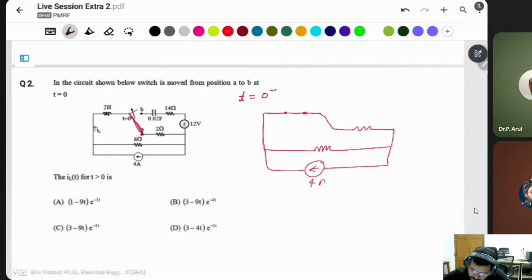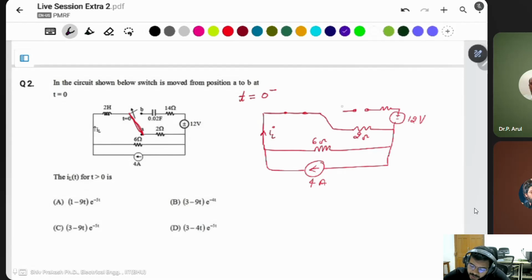This is 4 ampere, this current is IL, this is 6 ohm, this is 2 ohm. The capacitor will be open circuit, with plus minus 12 volt.